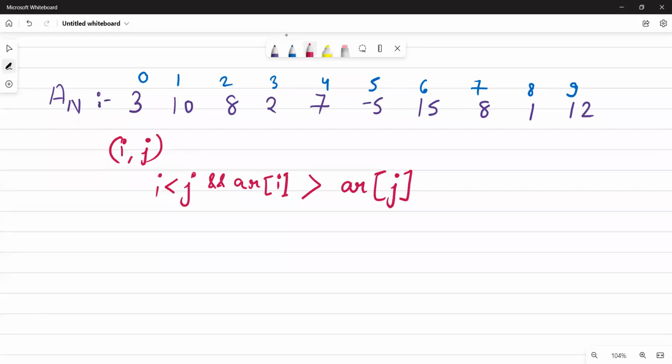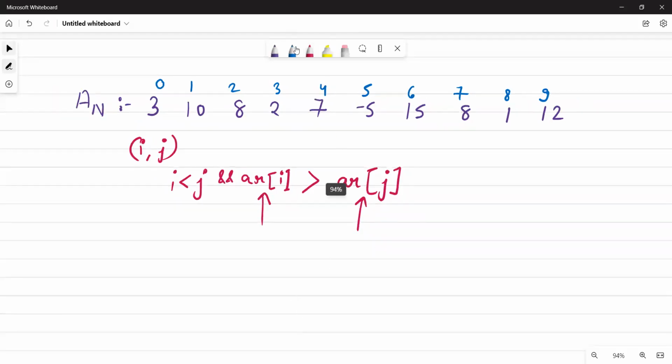Is it clear? From this particular question, whatever numbers you are picking up, the index i should be less than index j, and the number at index i should be greater than the number at index j. Clear to everyone the question? How many of you are still not getting the question?